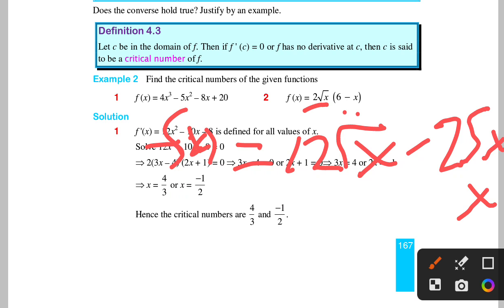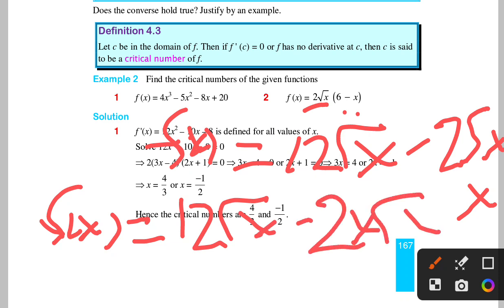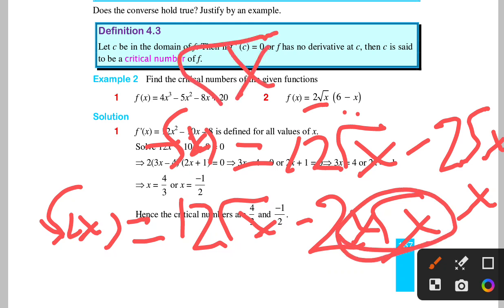Let me rewrite it: f of x equal to 12 radical x minus 2x radical x. x radical x equal to x raised to 1 over 2.